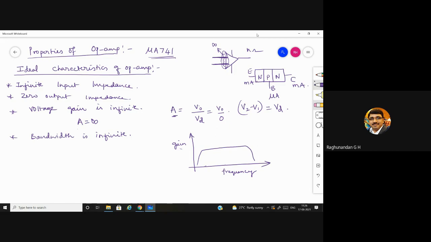Usually in the practical case, they'll plot the curve and you can observe that from this frequency to this frequency, the gain is maximum. After that, the gain is lesser. It is decreasing, and here it is still increasing.